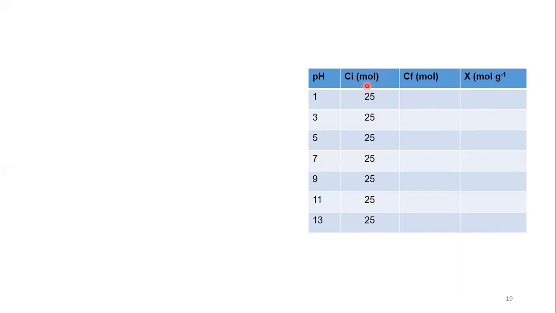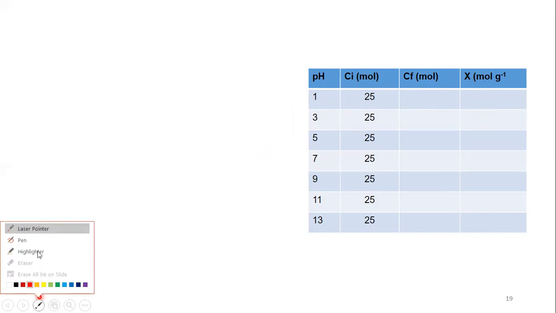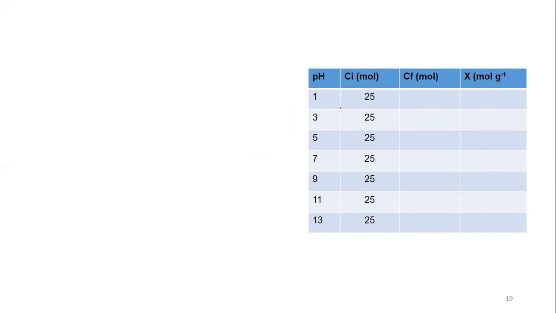That's mole per liter, not only mole. Let me just make it correct over here, because you should not forget these kinds of corrections in your experiment, in your notes. Otherwise, it will create a lot of problems. So that is also moles per liter, and that's also mole per liter.